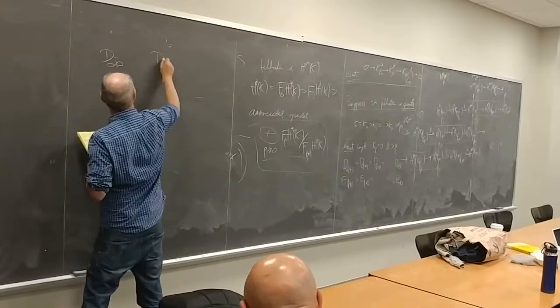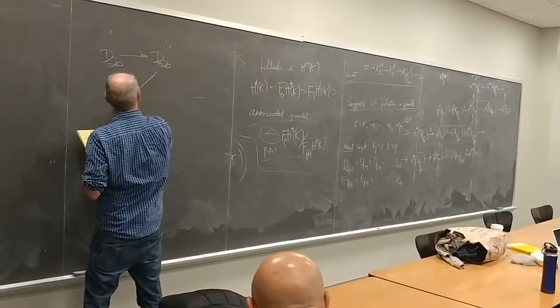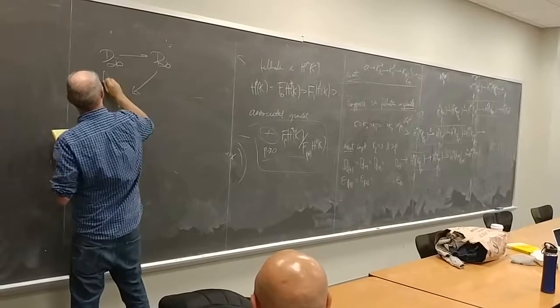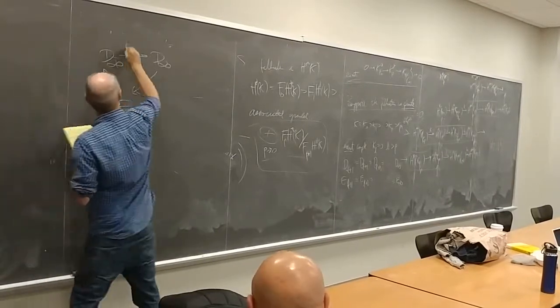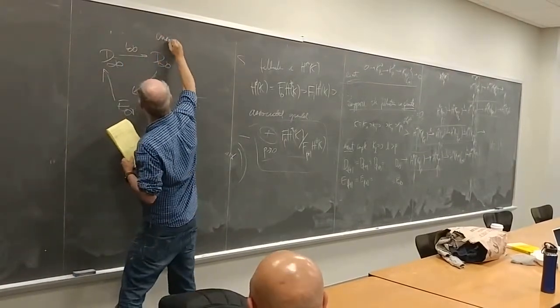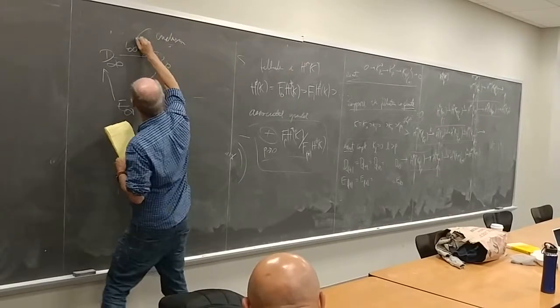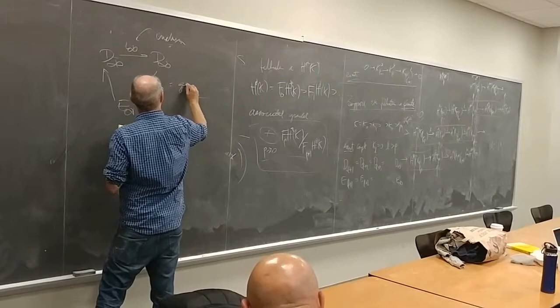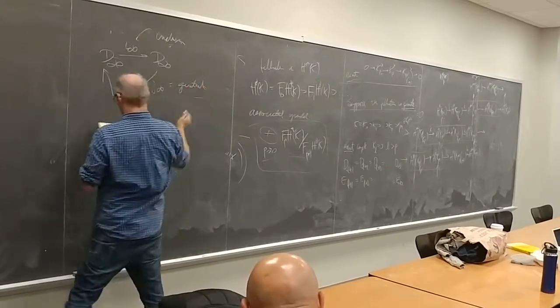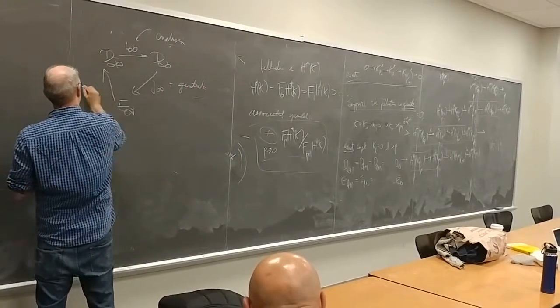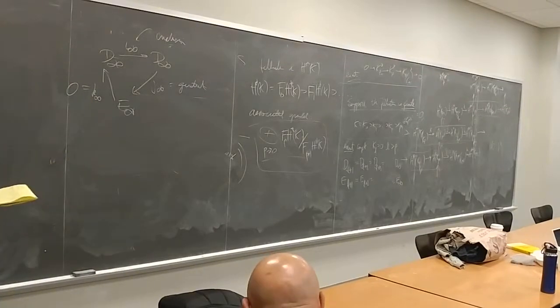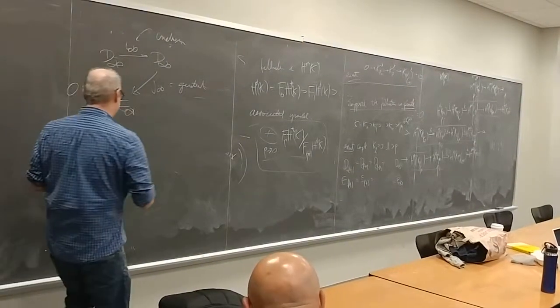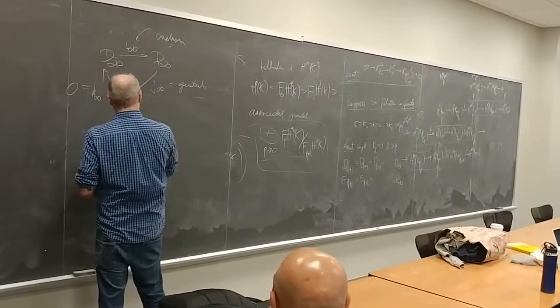Here's D infinity, E infinity, D infinity, and this I infinity is actually just inclusion, and J infinity is just a quotient map, and K infinity is just 0, and then we have a short exact sequence like so.